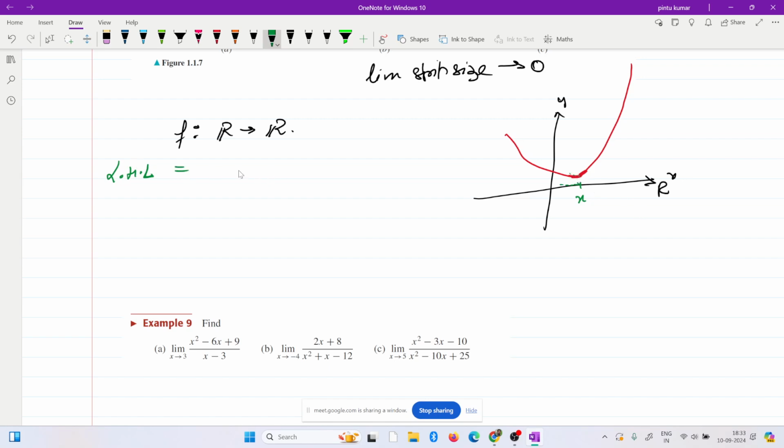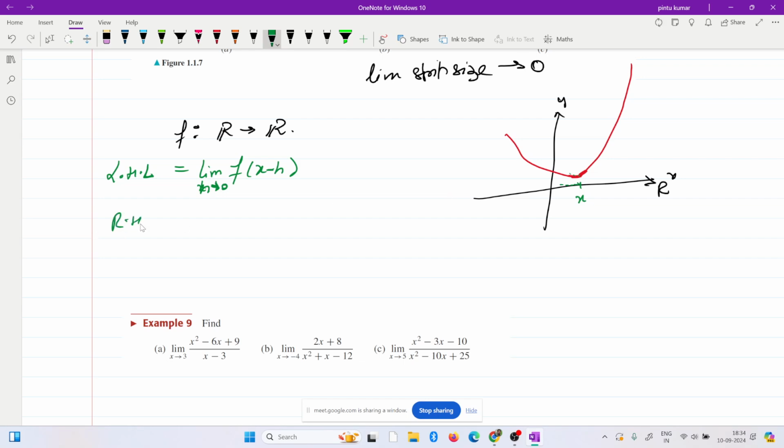So left hand limit is defined as f of X minus H minus f of X, sorry, yeah. This is what you have as your limit, H tends to 0.